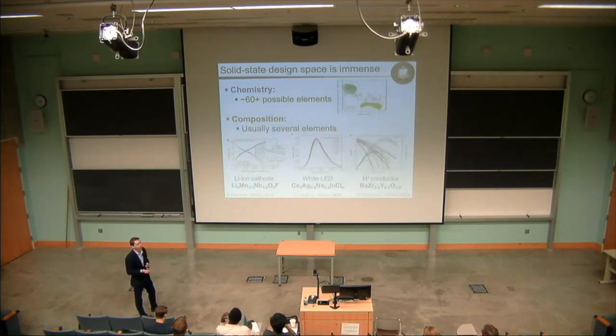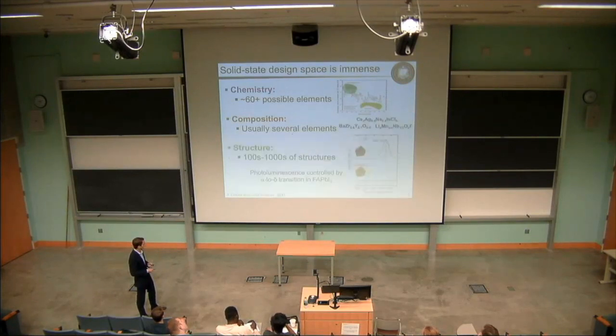Then if we think about composition, if we look to a few recent Nature papers that studied lithium-ion batteries, LEDs, or proton conductors for fuel cells, the materials that are really at the forefront of solid-state materials design often have multiple elements. In this case, we need lithium, manganese, niobium, oxygen, and fluorine before we're able to make this cutting-edge, state-of-the-art cathode. And so that increases the combinatorial design space.